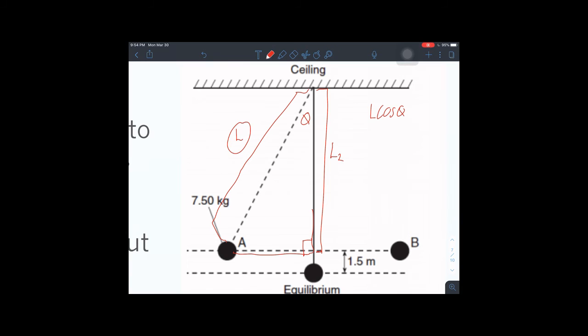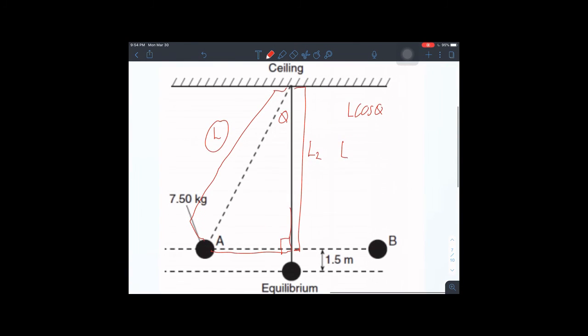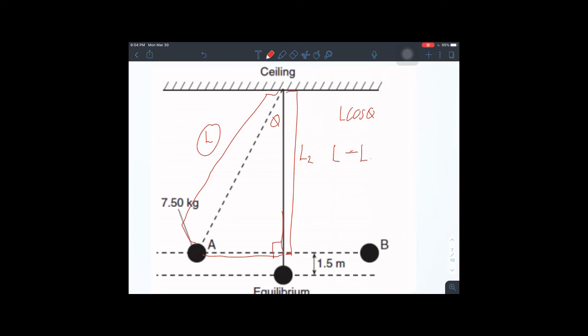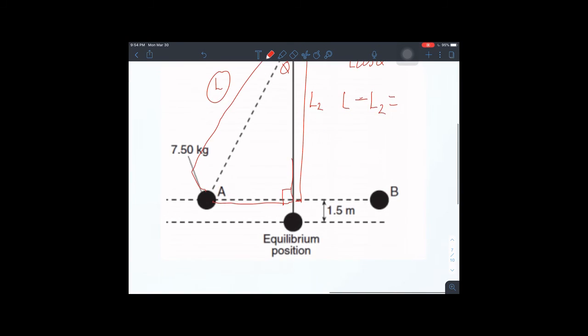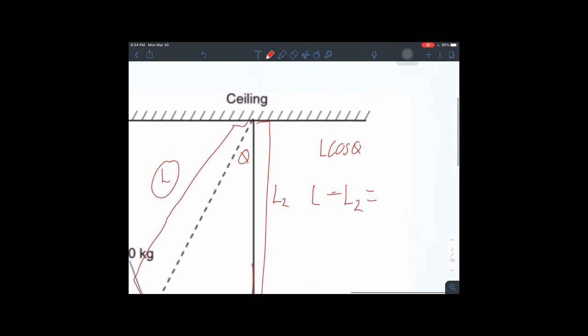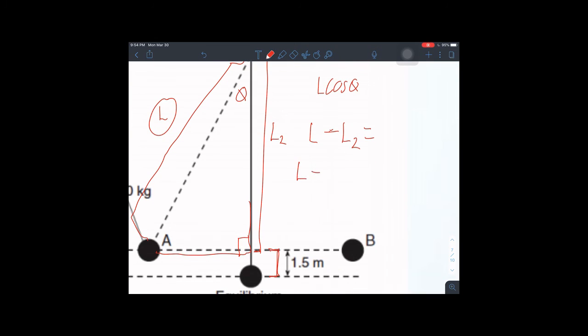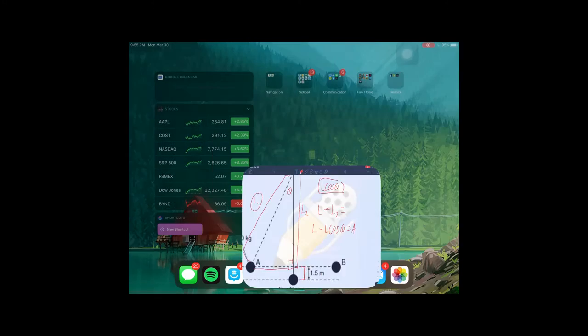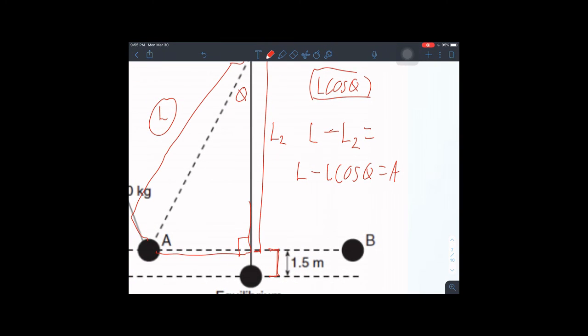The advantage of knowing L2, this length, is that if I take L and I subtract L2, I will get what's left over. So if I start with length and I subtract L2, which is this, length cosine theta, I will get amplitude, or the vertical displacement the ball did.